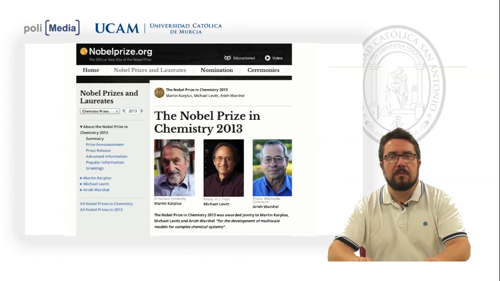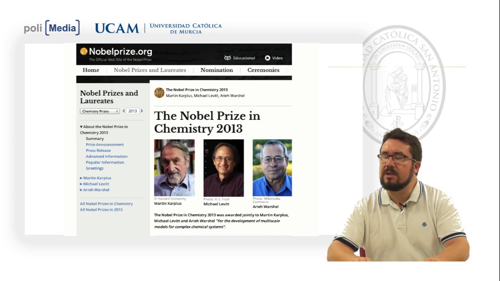So we propose an alternative to this method, which is based on the work of these three researchers. They received the Nobel Prize of Chemistry 5 years ago due to developments in computational chemistry. Around 40 years ago, they started to apply computers in order to simulate chemical processes involved in very relevant biological processes.